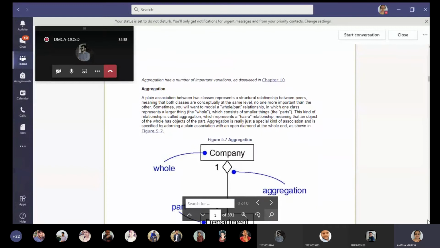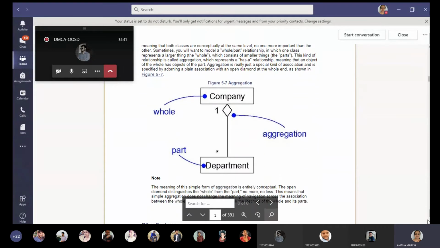And then moving on to aggregation. Aggregation is again a type of association, a whole-part relationship. When we take a college, the college works as a whole, as a complete entity, the entire organization.